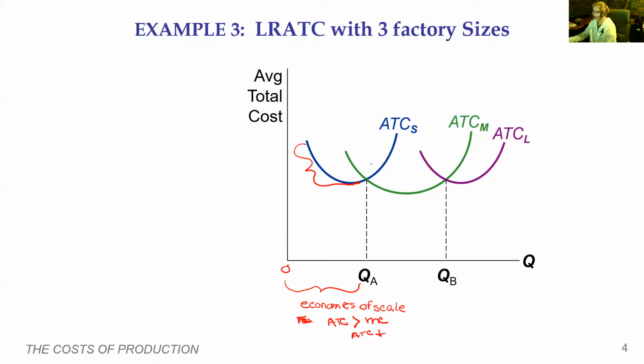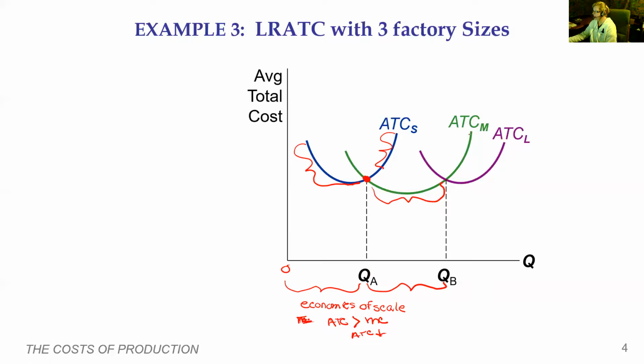Okay, now when I get to quantity A, I don't want diseconomies of scale. That would be this section right here. So I'm going to open up a new factory, a larger factory, maybe change locations or something like that. And then I'm going to continue to reap economies of scale from A to B. That's this portion right here.